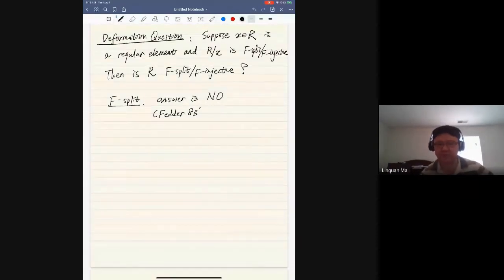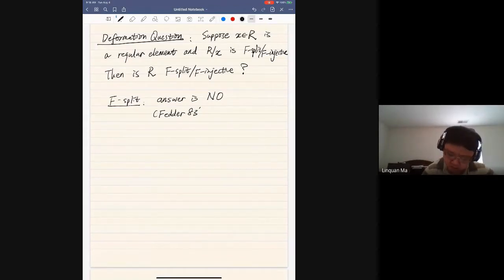He gave the first example where you have a quotient by a non-zero divisor which is F-pure or F-split, but the ring itself is not F-pure or F-split.